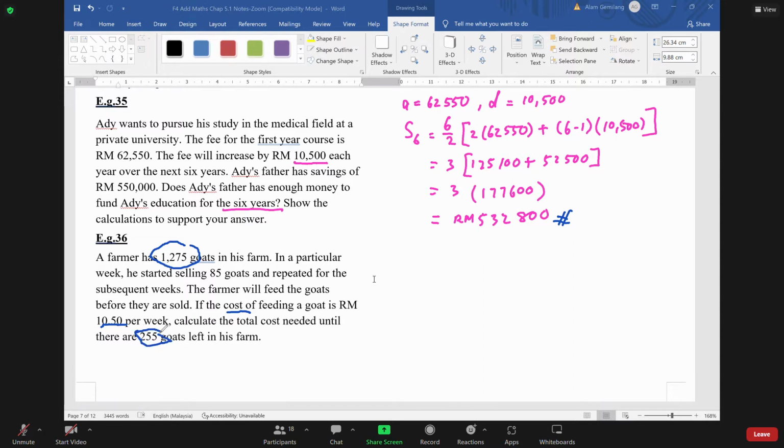So how many weeks? And you have to times with what? For each goat, every week is 10 ringgit 50 cents. So it times the number of weeks and times how many goats already sold or already fed?